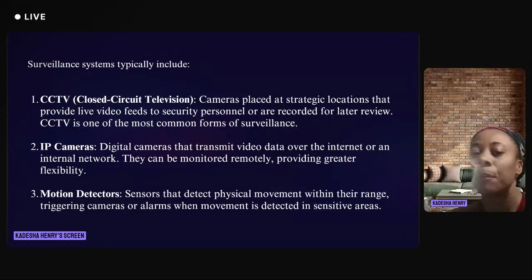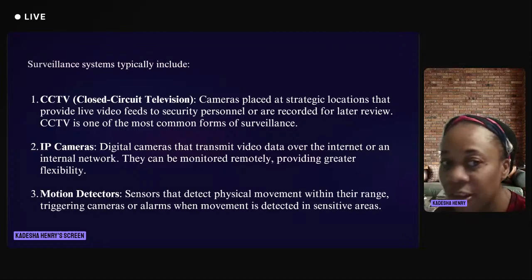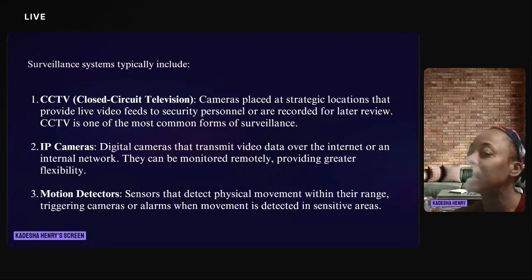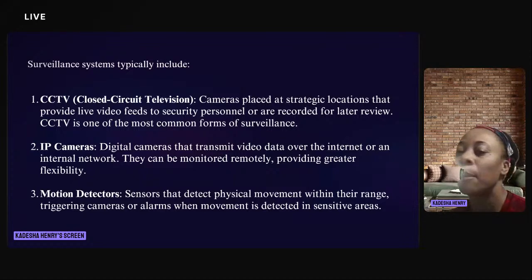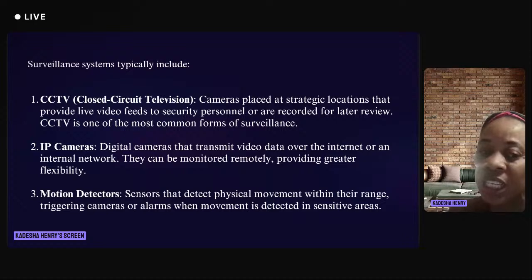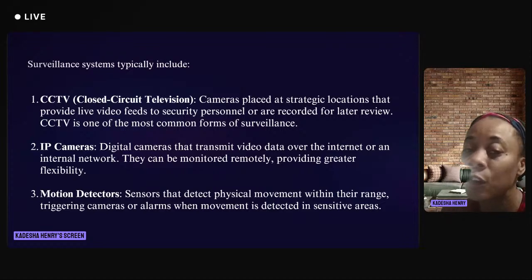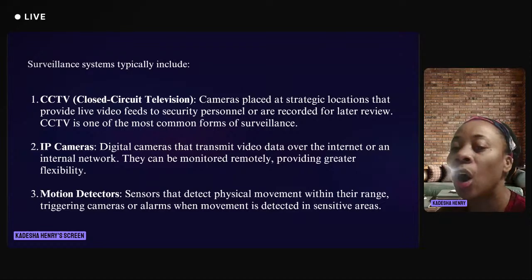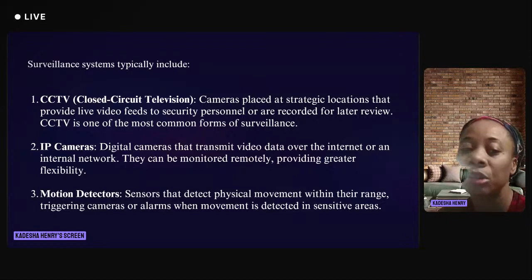Surveillance systems typically include CCTV, the closed circuit television camera, and we see that a lot in buildings. Cameras are placed at strategic locations that provide live video feed to security personnel and are recorded for later review.